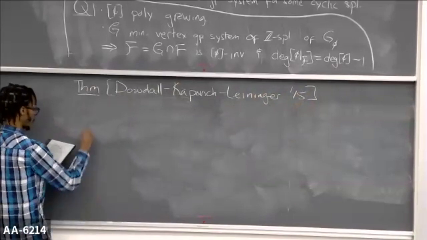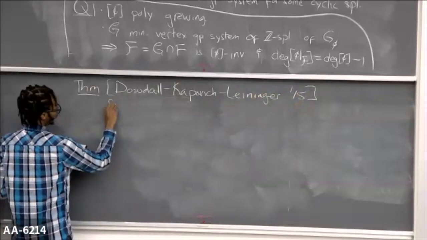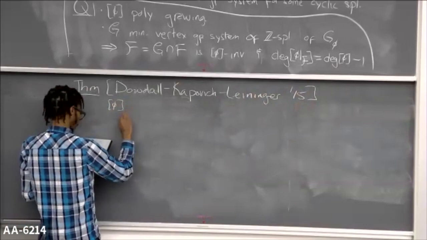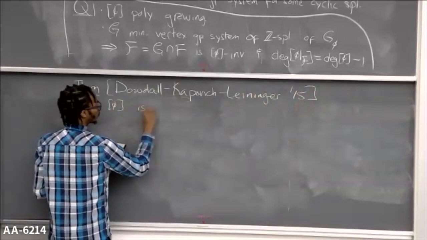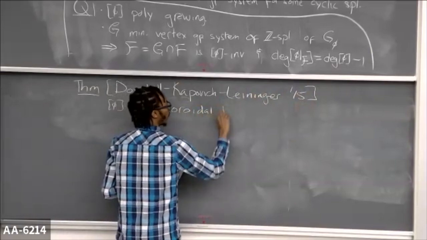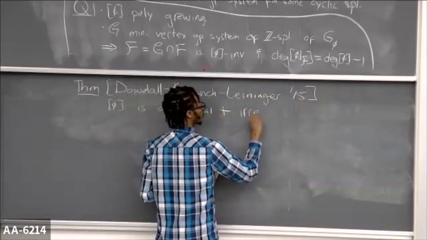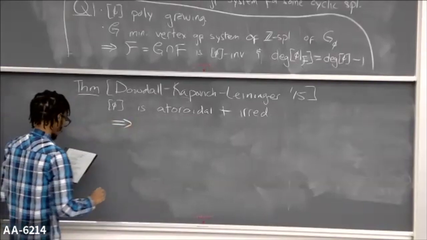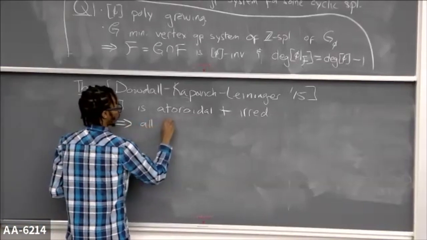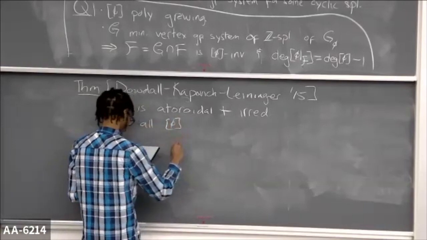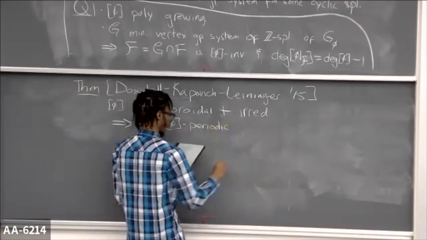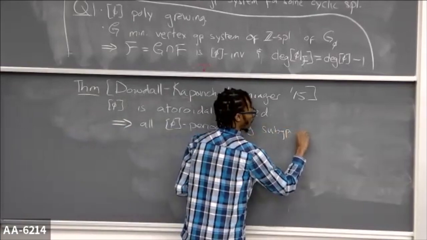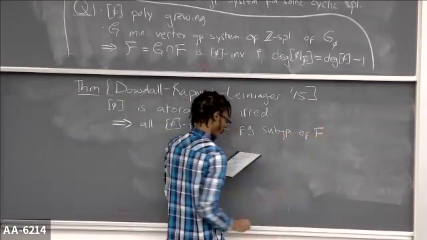And they proved that if your automorphism is heteroidal and irreducible, then all the periodic finitely generated subgroups of F have finite index.